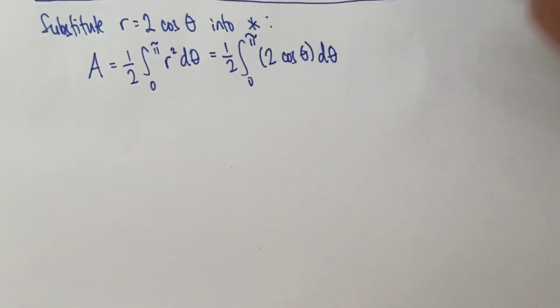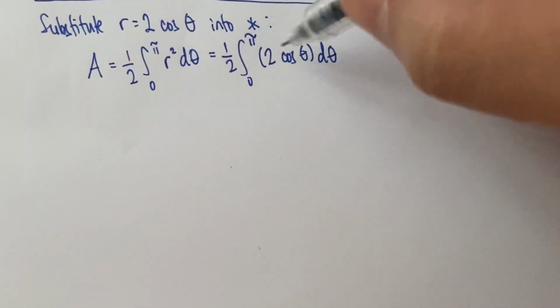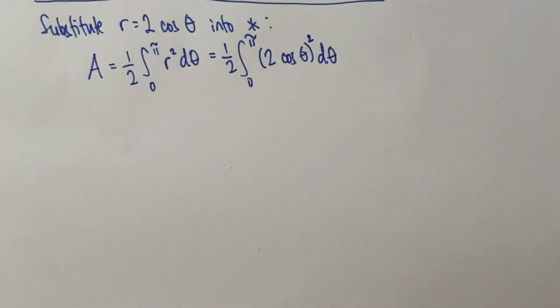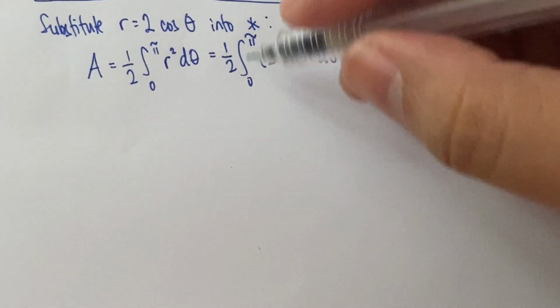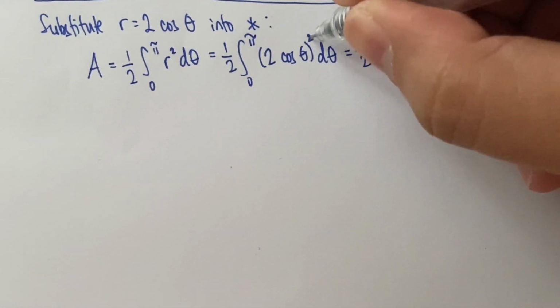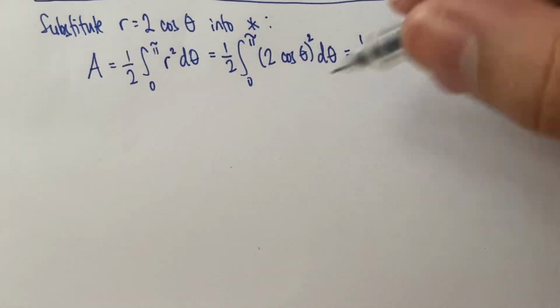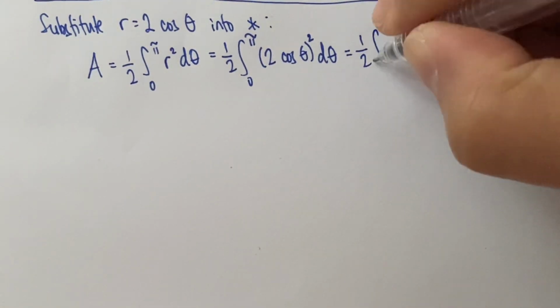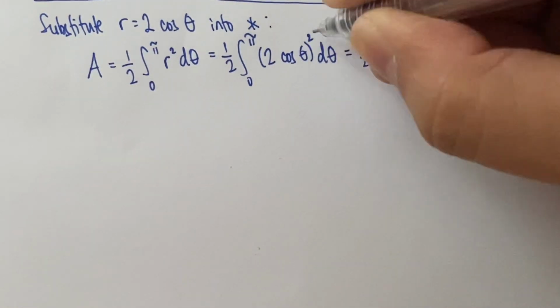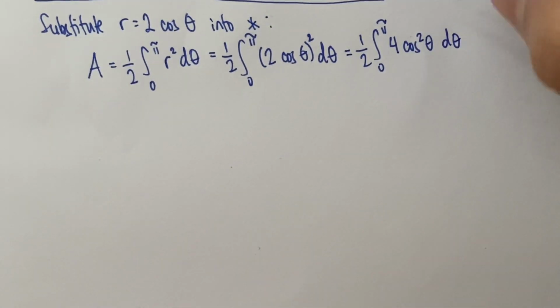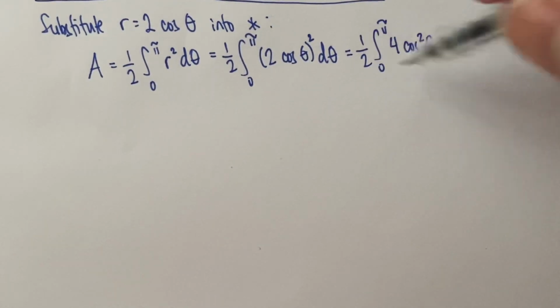Oh, I forgot, there should be a square there. We need to put a square, or redistribute it, following the normal PEMDAS order. 2 squared is 4, and cosine theta squared is cosine squared theta d theta.